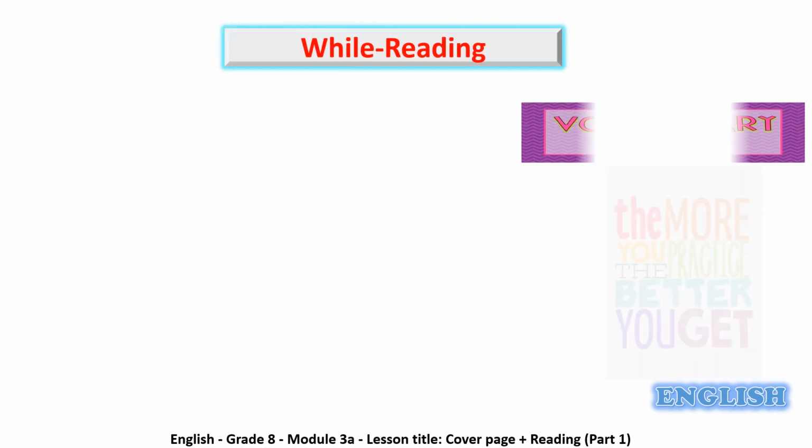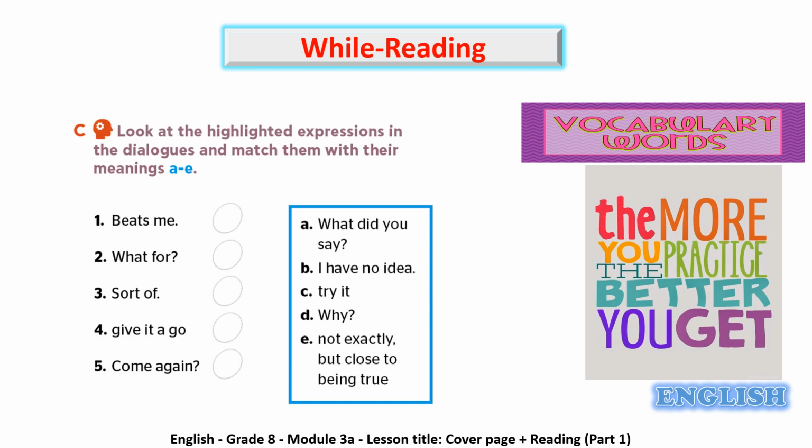Let us continue with the matching exercise. I want you to open your student book on page 34. You're going to match the expressions with their meanings. 1. Beats me. Excellent. B. I have no idea. 2. What for? Good job.